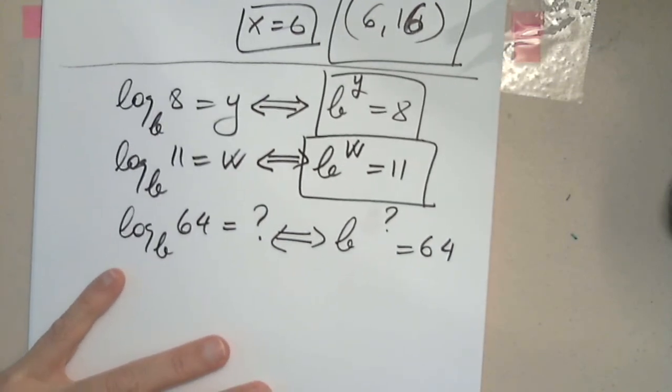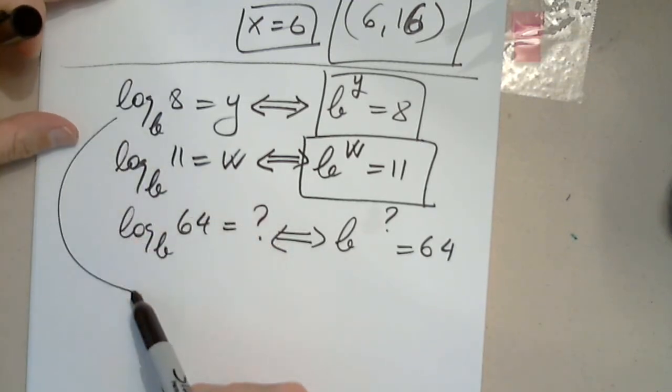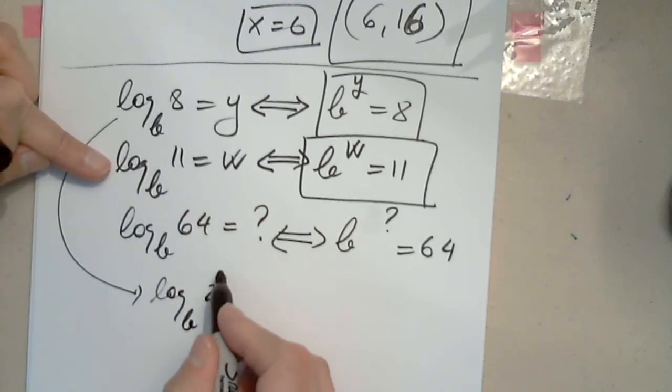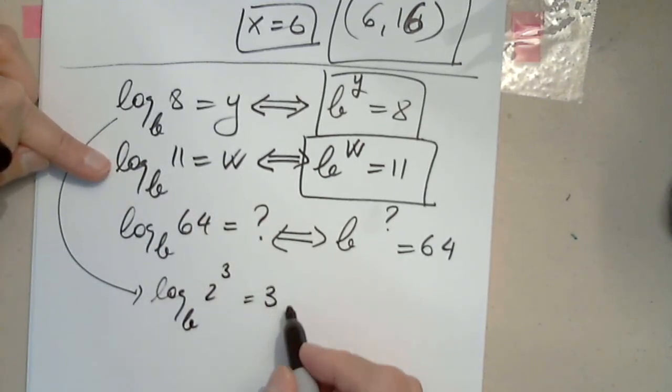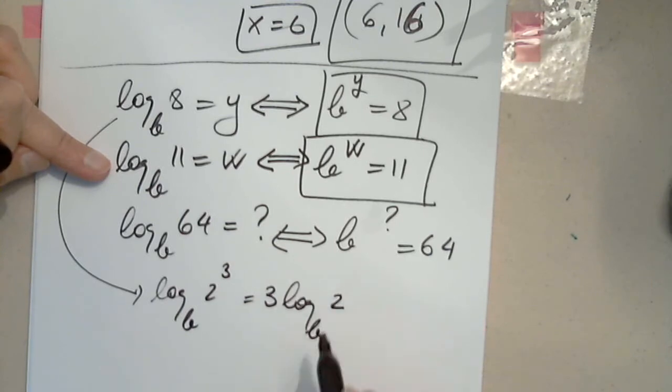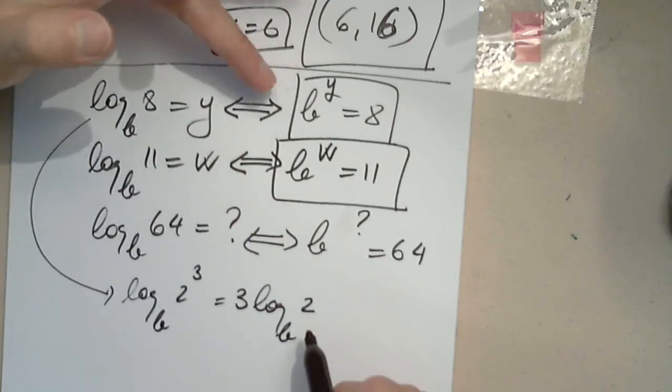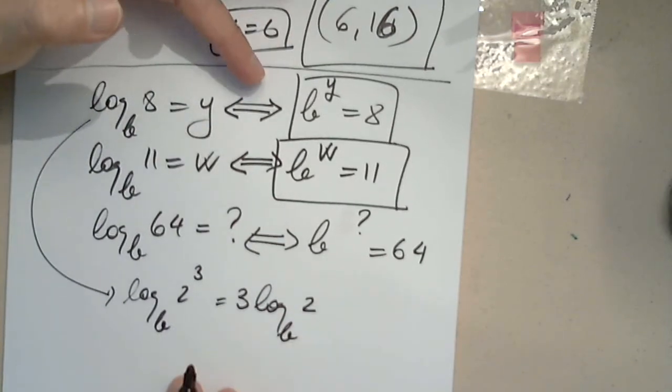So log base b of 1,000 is log base b of 10 to the third. Well, here that works, but here does not, because log base b of 2 to the third is indeed 3 times log base b of 2. So I have no idea what they want.